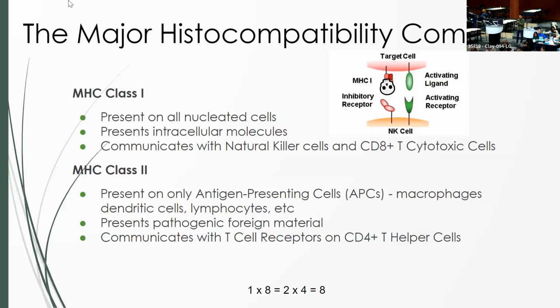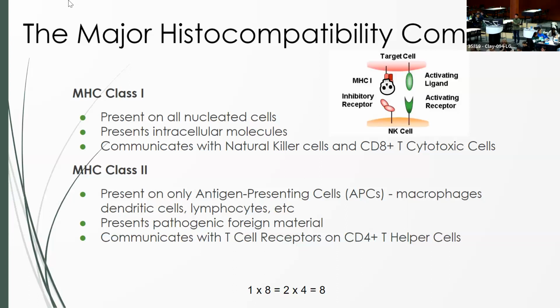So once it finds that, it needs to activate with the major histocompatibility complex. So remember, MHC class 1 is present on all nucleated cells. It basically tells the natural killer cells that it's good, don't kill. But it can also present intracellular molecules. It's almost like a display window into what's happening inside the cell, because your immune cell is just roaming around. It obviously can't see what's inside of your cell.